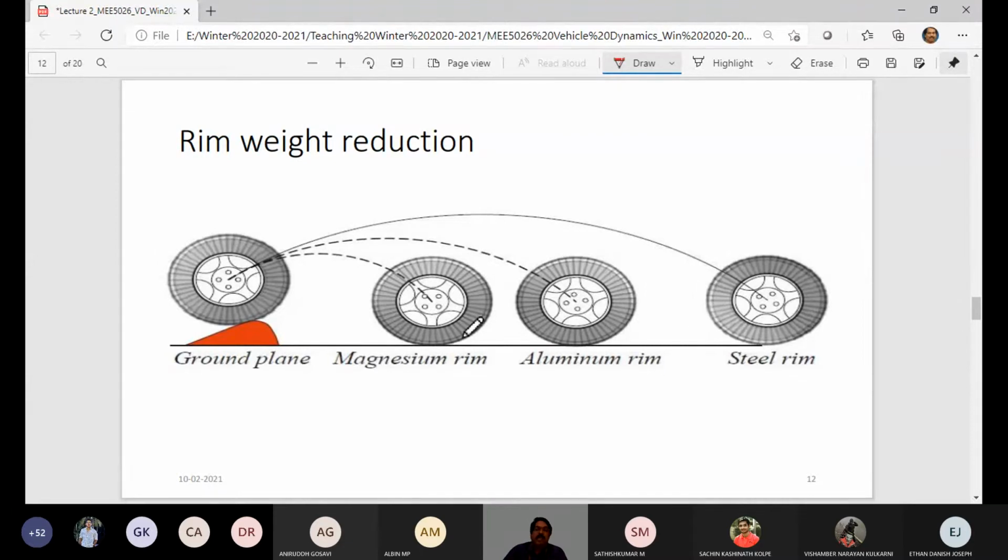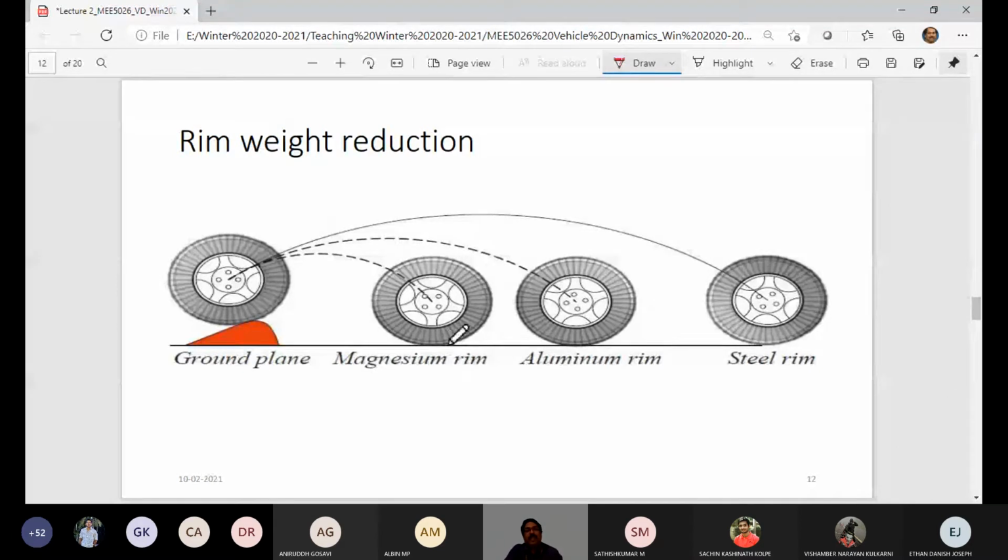That is also giving you an added advantage in your vehicle, because when the vehicle jumps like that, there will be load transfer from one end to the other end, and your CG location would get disturbed for an instant, and that would all be taken care of if you have alloy wheels fitted. So that is why you see most of the vehicles nowadays coming with alloy wheels. High-end vehicles would be with magnesium rim wheels, but these are very costly. But for the long run and for the betterment of your vehicle design, these are preferred. So this is another thing that you should remember.